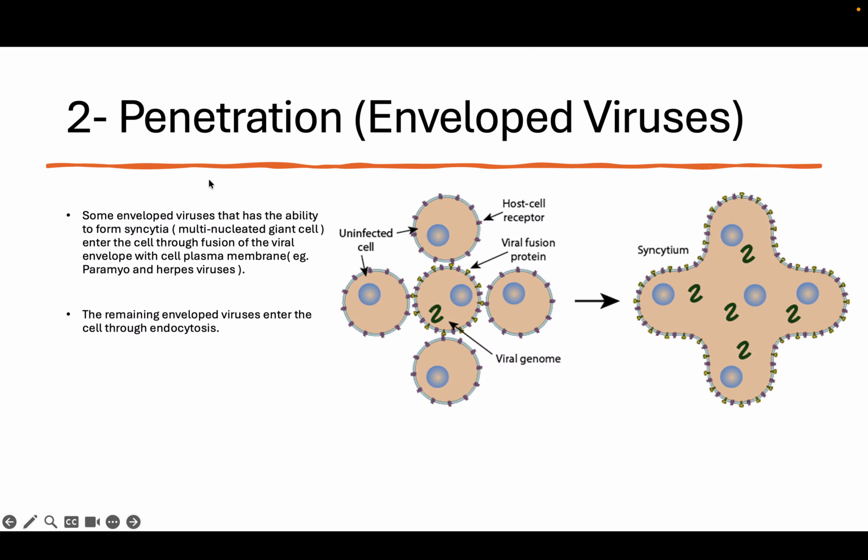Okay? So when it comes to enveloped viruses, most of the enveloped viruses actually go through endocytosis, as I said. Others will go through something called syncytia. Examples are paramyxoviruses and the herpes viruses that do that. So what happens is that you have the cell that actually got infected by the herpes viruses through endocytosis.